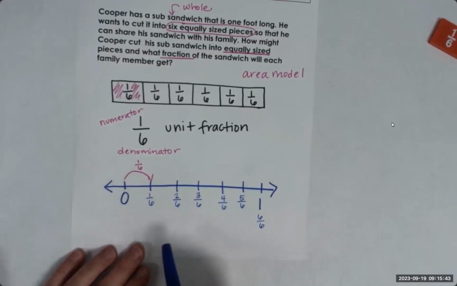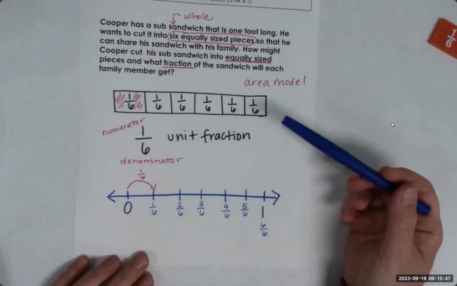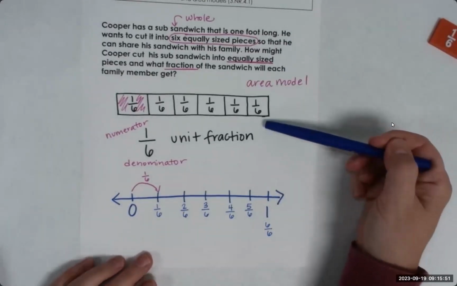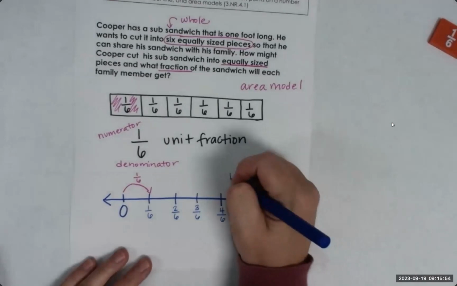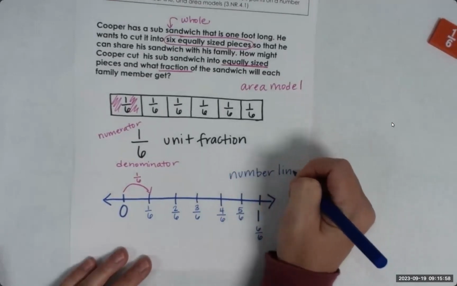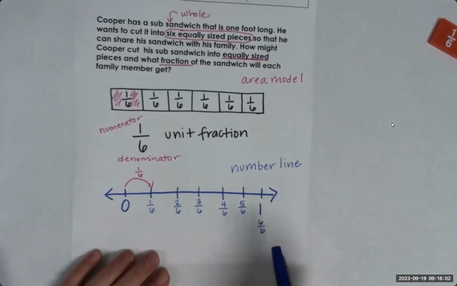Okay, so when you're working with your fraction models, always think about what fraction model would best suit the situation. In this situation, you could either use an area model, or you could use a number line or a linear model. Okay, you'll see that vocabulary used both ways.